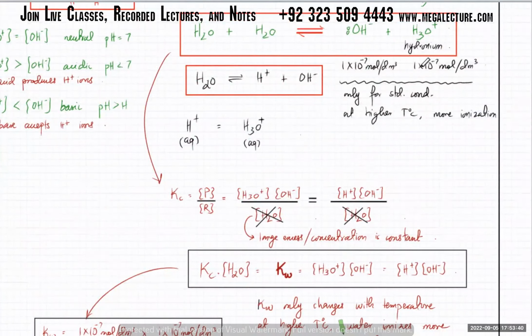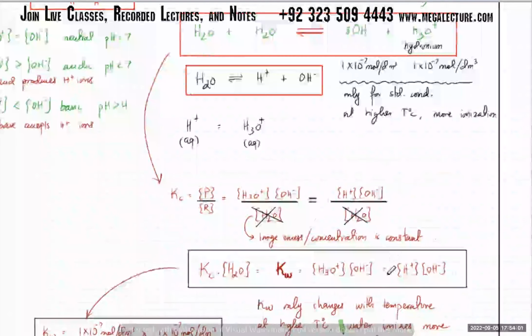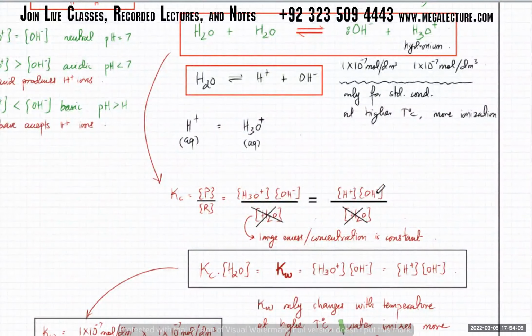But the Kc expression is product concentration divided by reactant concentration. The reactant is water in both cases, but since water is in large excess, its concentration is assumed to be constant, which is why the expression we get for Kw, the equilibrium constant, is just the ions multiplied. It's just the product of these two. This is also known as the ionic product of water.